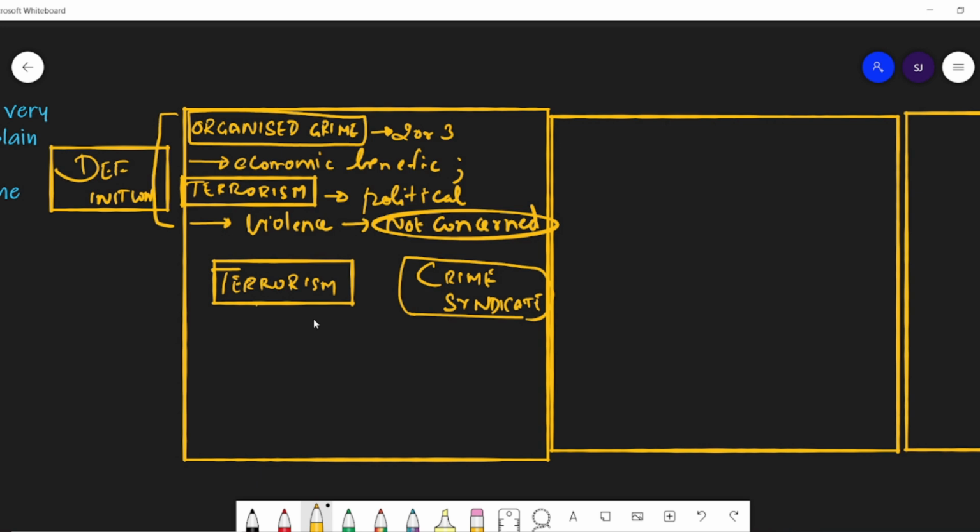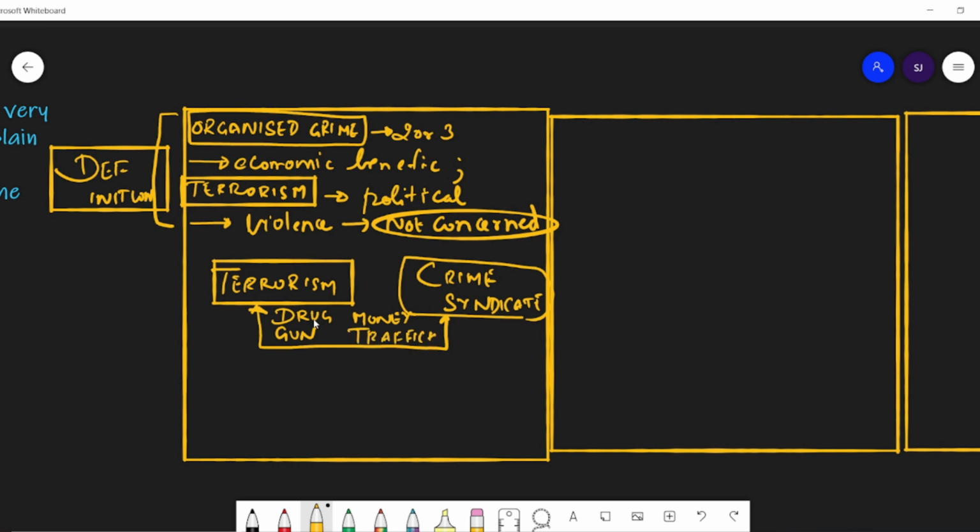Let us assume that you are giving the small picture. In that you talk about how they are aiding: they will be aiding in drug trafficking, gun trafficking, money exchange or fake currency exchange, or they will be involved in trafficking of people.